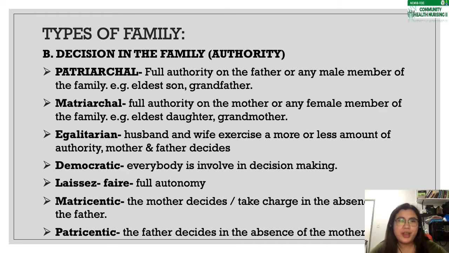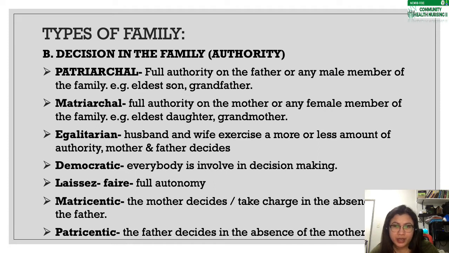Now, we also have a type of family based on the decision in the family, or the authority. Who will decide for the family. So first we have the patriarchal. The patriarchal is where the full authority, or the full decision making, is on the father or any male member of the family.